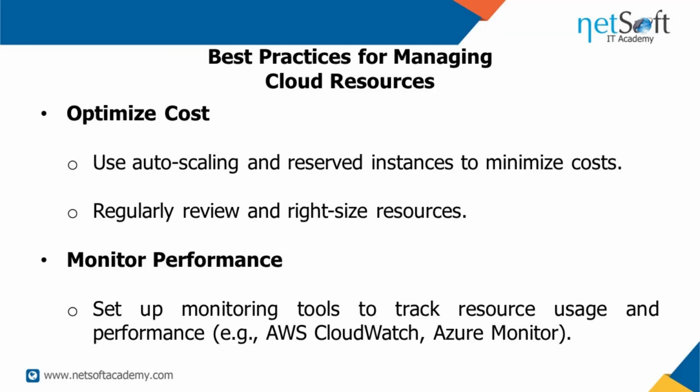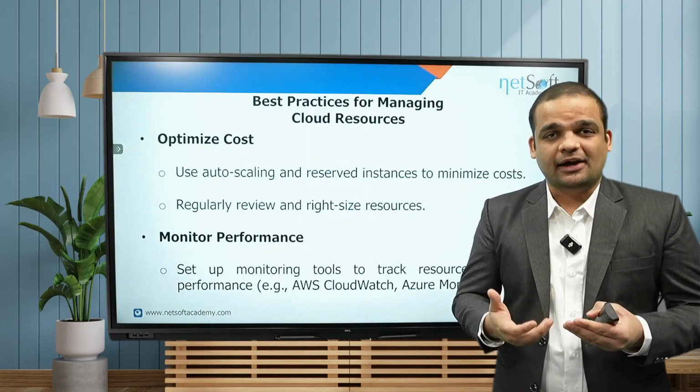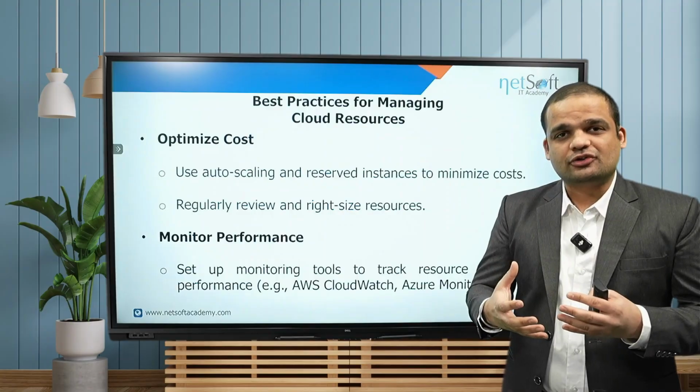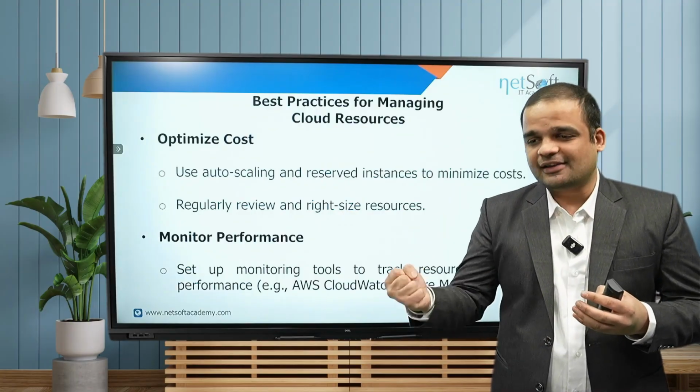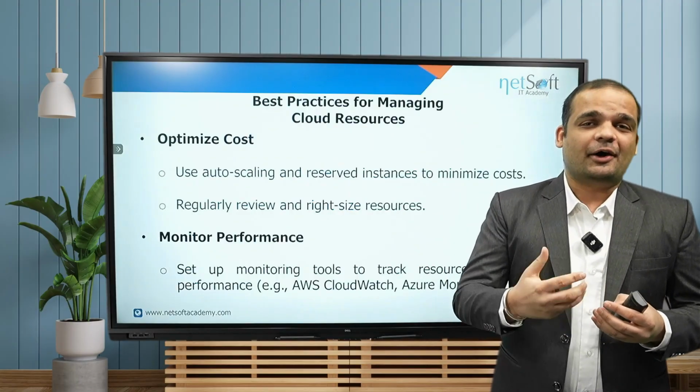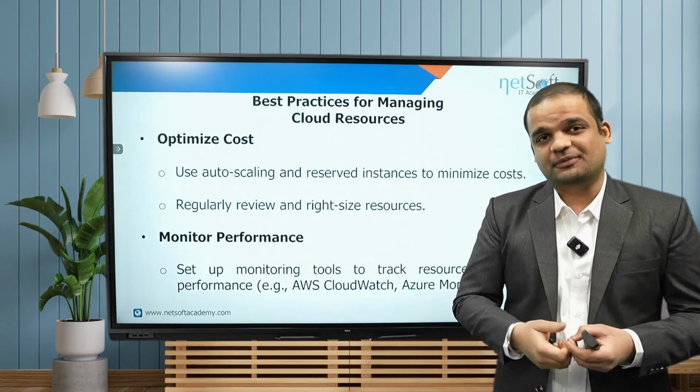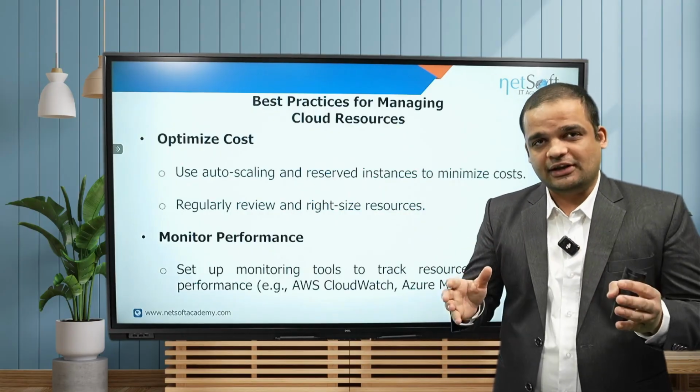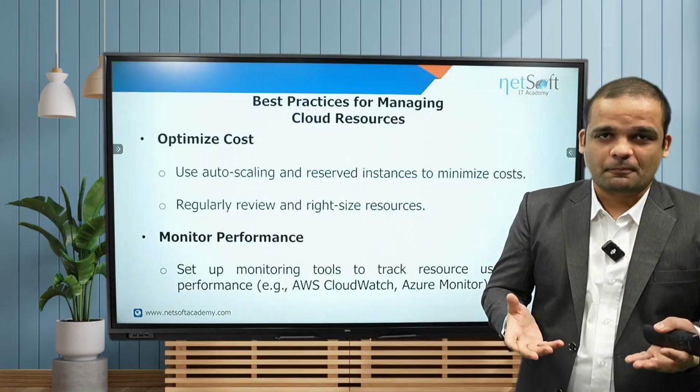Use autoscaling to adjust resources based on demand and reserve instances for predictable workloads. Regularly review and right-size resources to avoid over-provisioning. All this can be done to make sure to extract the highest level of value out of your cloud infrastructure. There are more techniques. These are just quite a few.